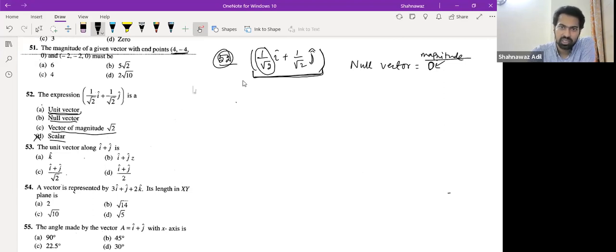This has i, j, k directions, and this doesn't give 0. So this is not a null vector, right? So it can be a unit vector, or a vector of some magnitude.